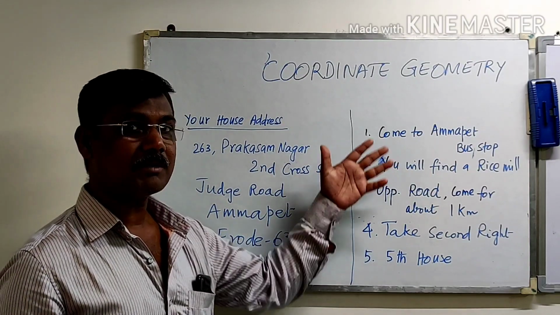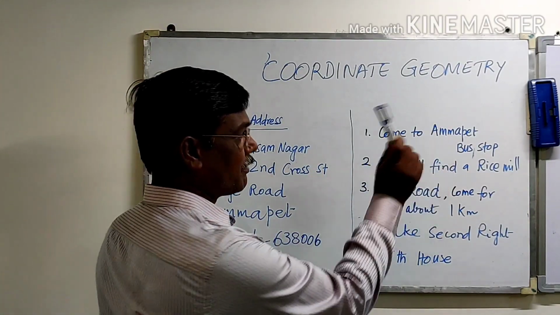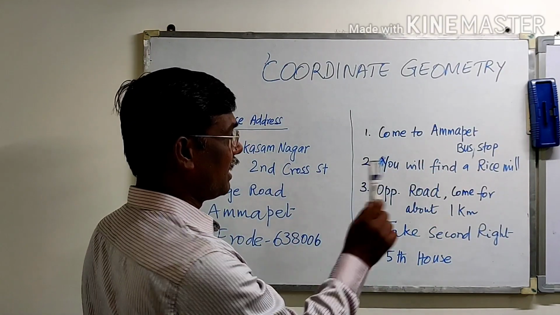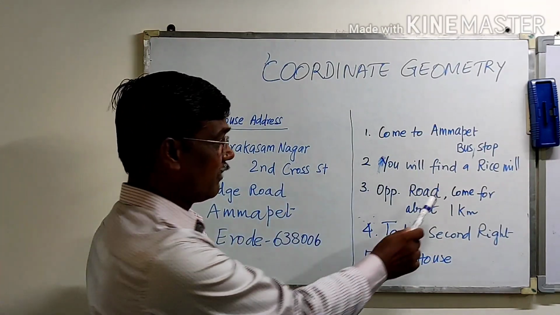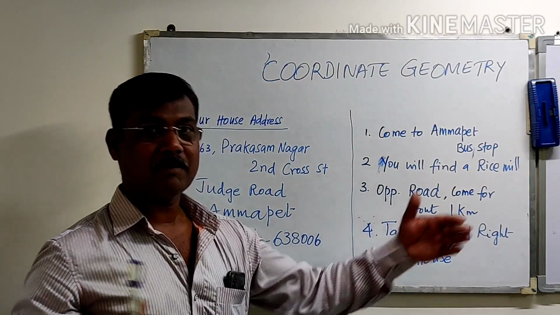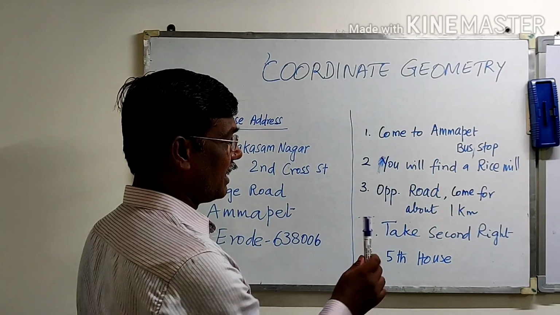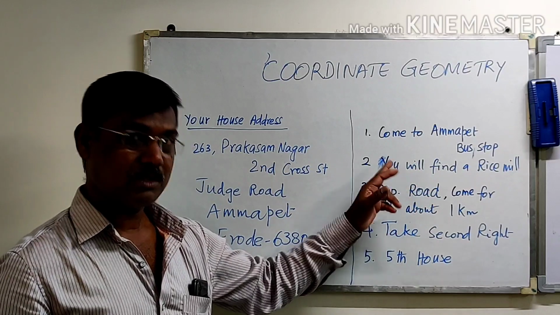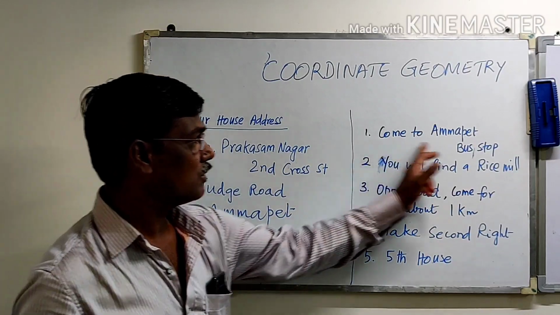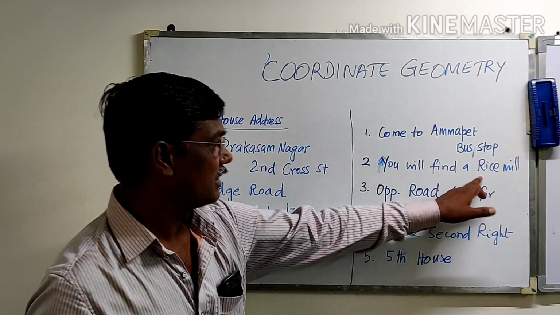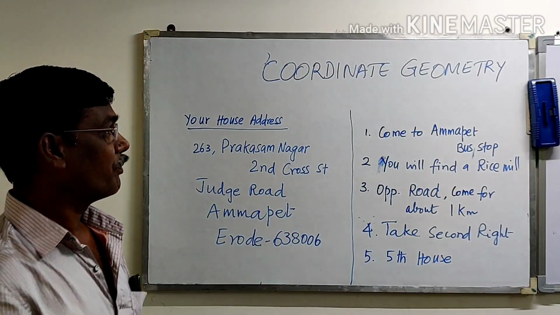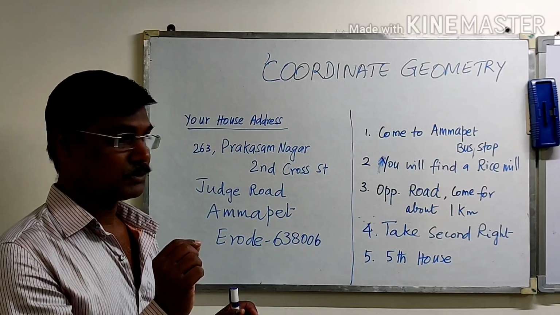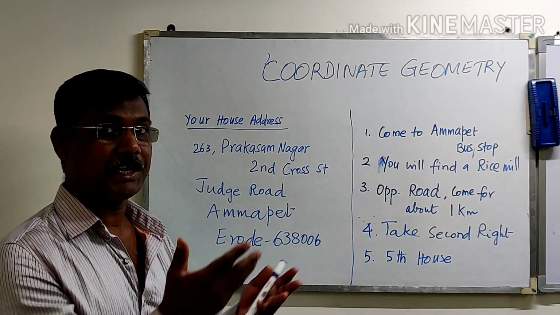Here also you are giving some reference points. Bus stop வந்திருங்கிறது ஒரு reference point, rice mill இருக்குங்கிறது ஒரு reference point, அதுக்கு ஆப்போசிட்ல ஒரு ரோடு போகுங்கிறது ஒரு ரெஃபரன்ஸ் பாயிண்ட், ஒரு 1 கிலோமீட்டர் டிராவல் பண்ணணுங்கிறது ஒரு ரெஃபரன்ஸ் இன்ஃபர்மேஷன். டேக் செகண்ட் ரைட், ஃபிஃப்த் ஹவுஸ். இதெல்லாமே you are giving the location of your house with respect to some reference points. அதே மாதிரி தான் in coordinate geometry also the location of points, அதை நம்ம coordinate னு சொல்றோம்.